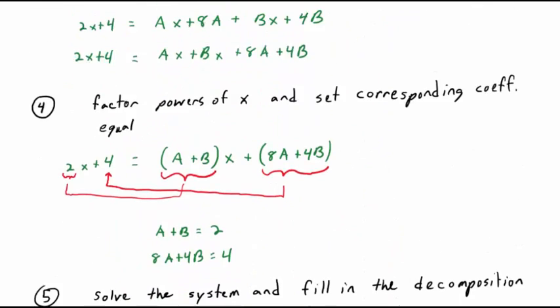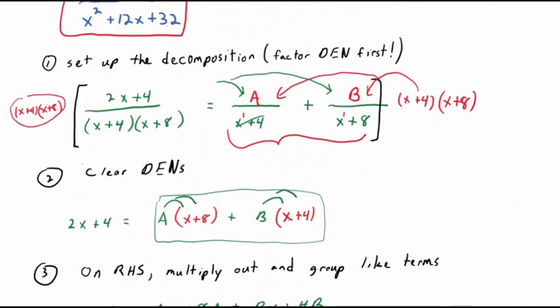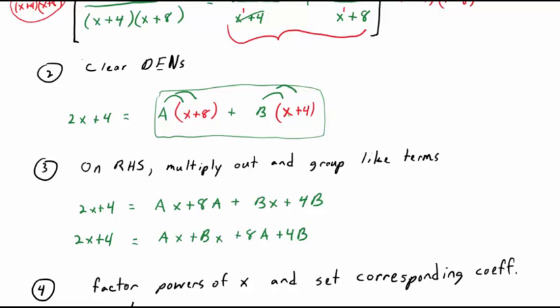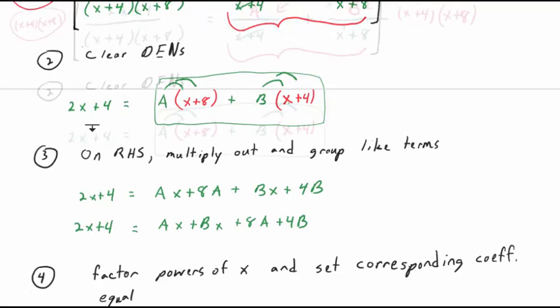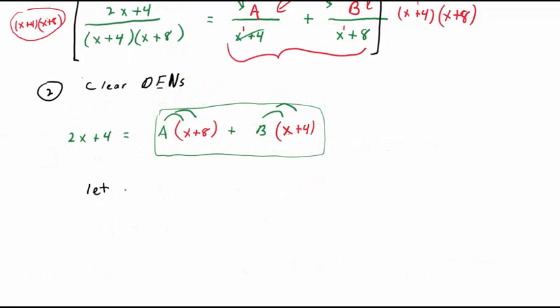So where's the shortcut at? It's pretty cool. You guys are going to like it. Okay. Before you set corresponding coefficients equal, let x equal negative 8. Now, that means you have to put that in the left-hand side as well. So what does the left-hand side become?